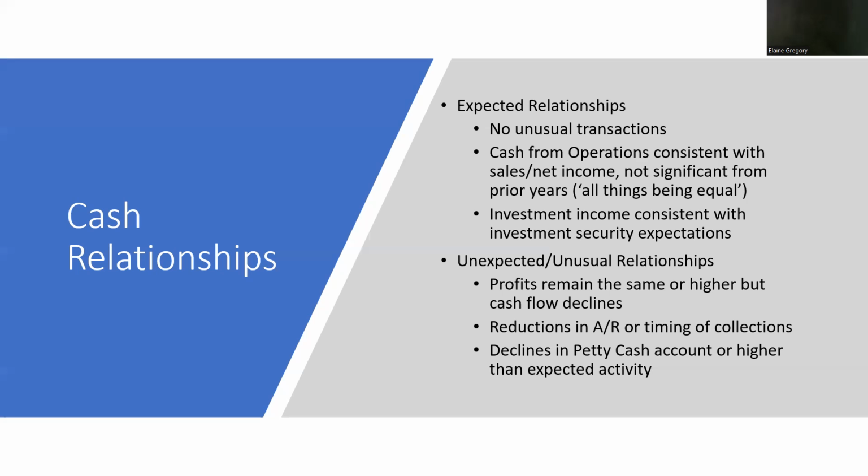And make sure that in cash and marketable securities, investment income, the cash we receive from the investments that we have with our company, is consistent with our expectations. So if we have expectations that they are going to earn so much in income and cash payments from those investments, that we're seeing that.